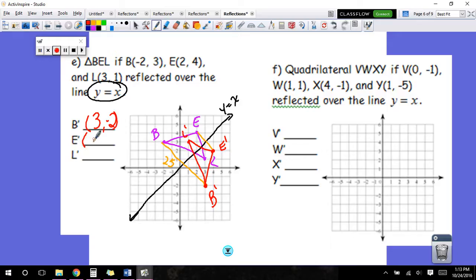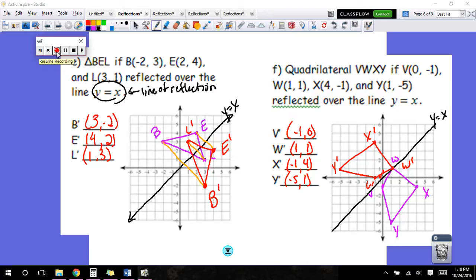Grant, what happens with your coordinates here? They flip. Good guess, Grant. Okay, your numbers are flipping. So try that with F and problem G. We're going to finish off the front side of this sheet today. I'll go over them as you start to finish them off and show you. Okay, so we're working on those.